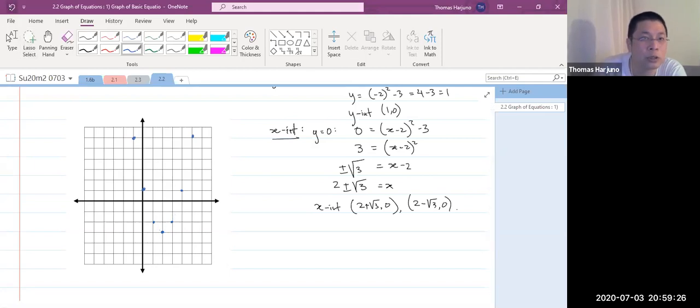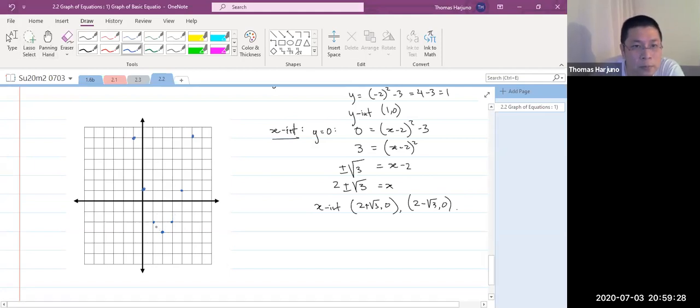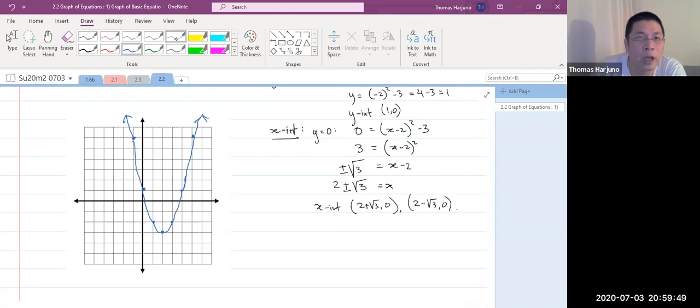Oh, it's too straight. My axis of symmetry will be x equals 2.